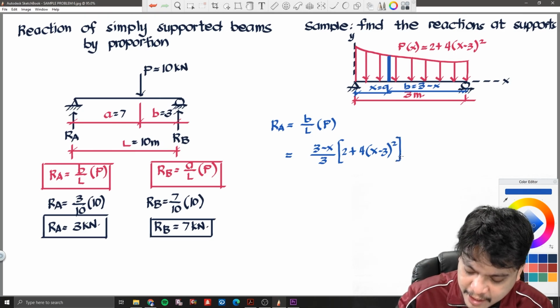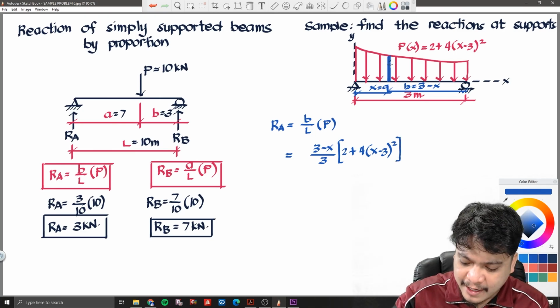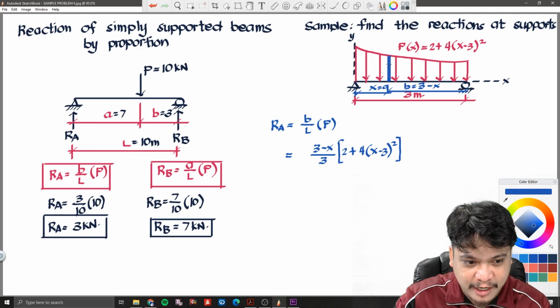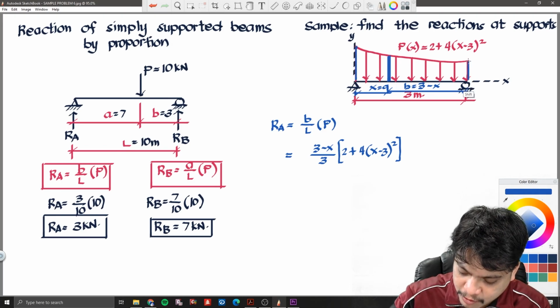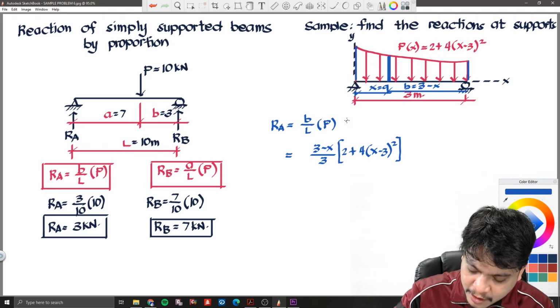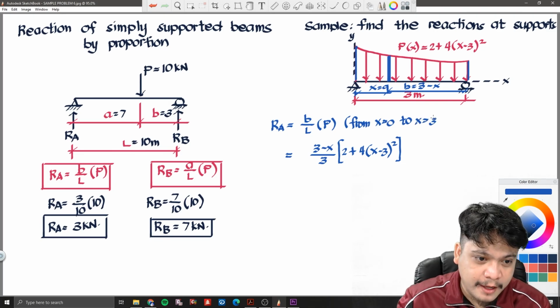So, depende kung nasan siya, no? Kaya lang, hindi naman dito lang naglo-locate yon. So, dapat, parang simula yun dito sa umpisa hanggang dun sa dulo. So, it means, this would be from x equals 0 to x equals 3.